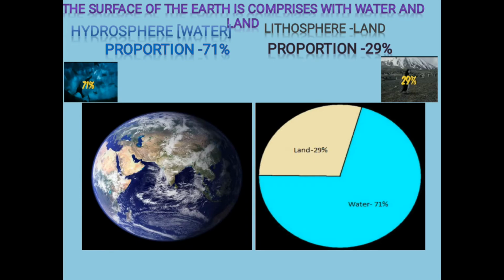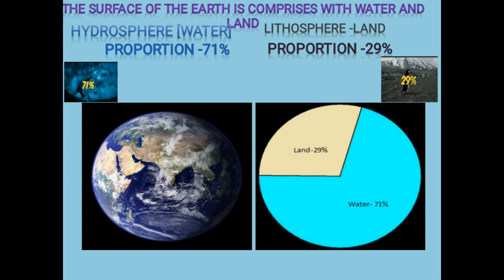Our earth is surrounded by the layers of the atmosphere, and the surface of the earth is occupied by water and land, that is the hydrosphere and the lithosphere. But the much larger part of the earth is covered by the hydrosphere and the lithosphere.